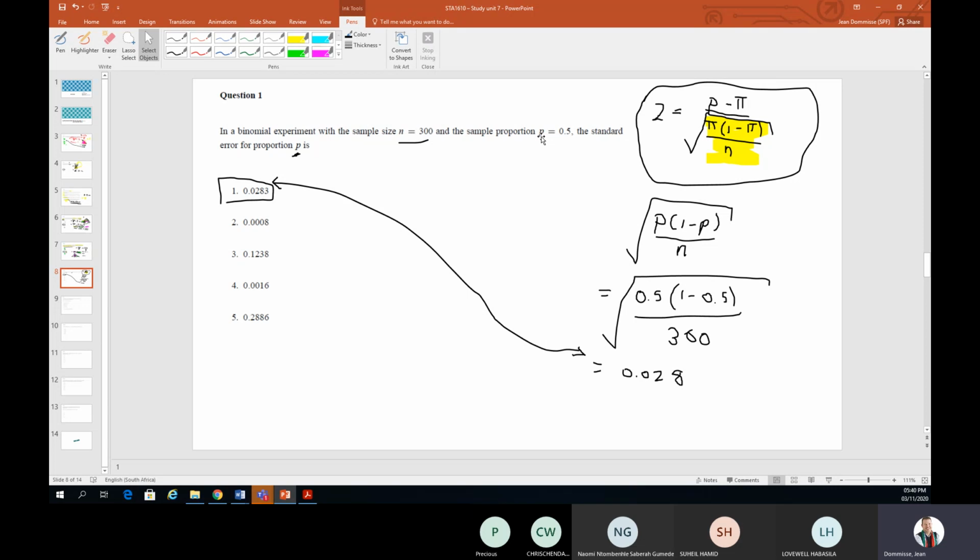So 0.5, 1 minus 0.5 is also 0.5. So 0.5 times 0.5 divided by 300, and the square root of that whole thing will give you the standard error of a proportion.